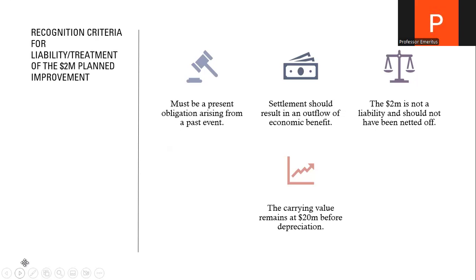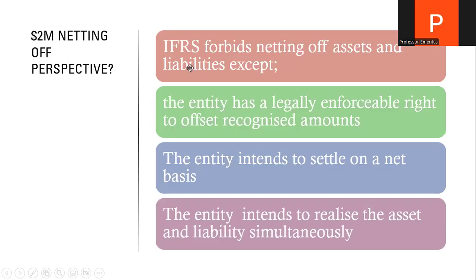Another way we can look at it, if we do not want to look at it from the angle of a liability following IAS 37, is from the angle of the conceptual framework and IAS 1 Presentation of Financial Statements, and other IFRS standards that forbid companies from netting off assets against liabilities or income against expenses.